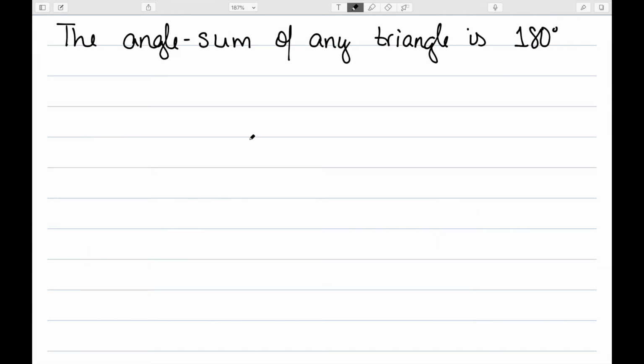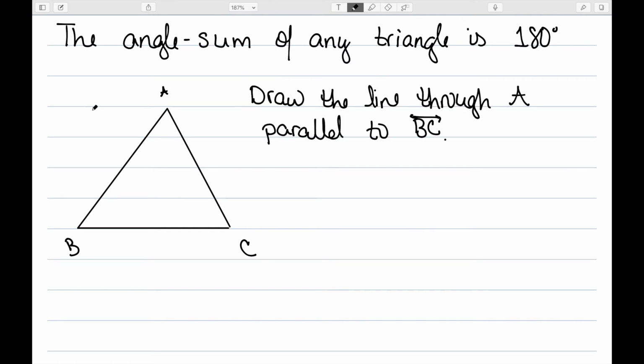My next big theorem is the angle sum of any triangle is equal to 180 degrees. So if I have a Euclidean triangle, then I know its angle sum is 180. So let's draw this. Let's name these points A, B, C. We're going to start by drawing the line through point A that is parallel to BC.